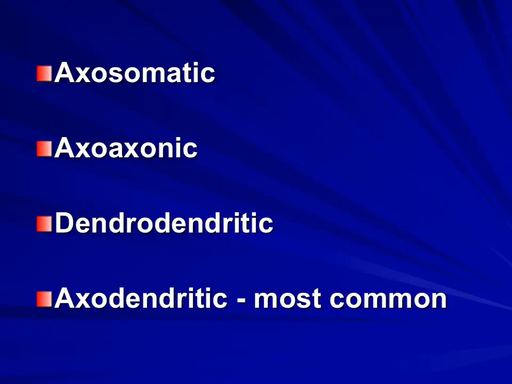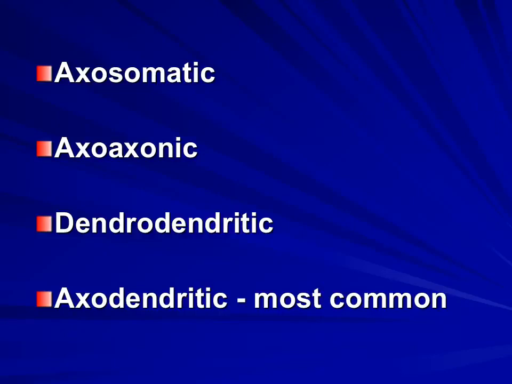So with what I described, we're going to have the axon of one cell communicate with the dendrite of another. So that's on the bottom of this slide. Axodendritic. That is the most common form of communication between neurons. However, remember there's other kinds of neuron cells, and some of them are going to communicate from one axon to the soma or cell body of another cell, or it could go axon to axon or dendrite to dendrite.